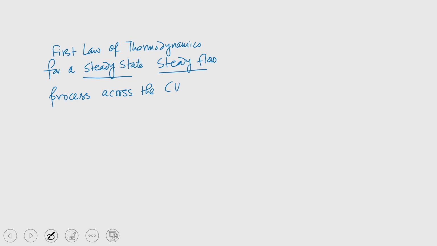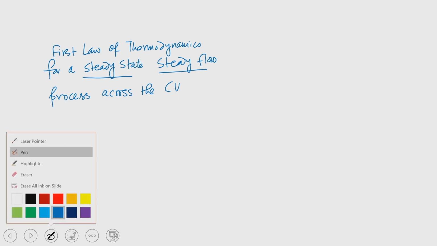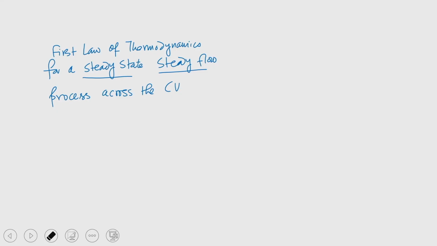I have underlined these two coupled keywords, that is steady state steady flow. We shall discuss the significance of these two keywords in the context of the analysis that we are going to do today.